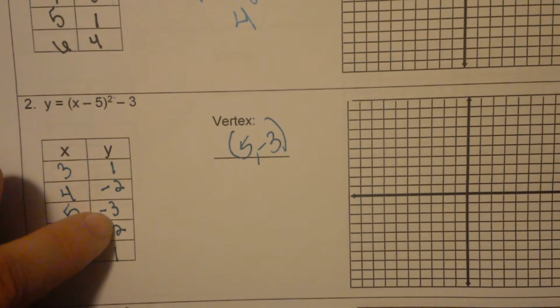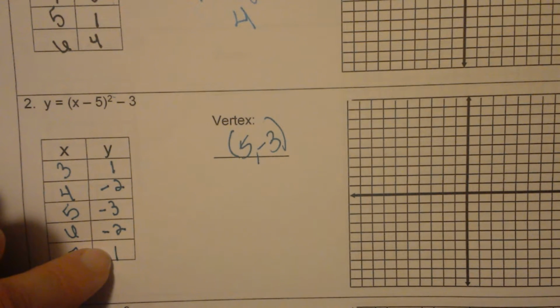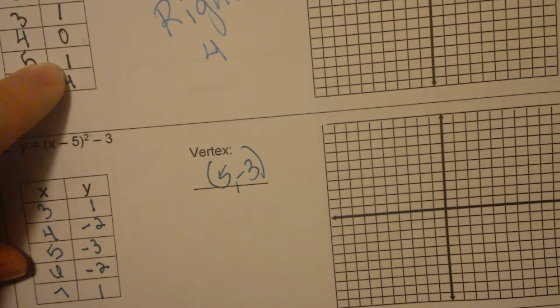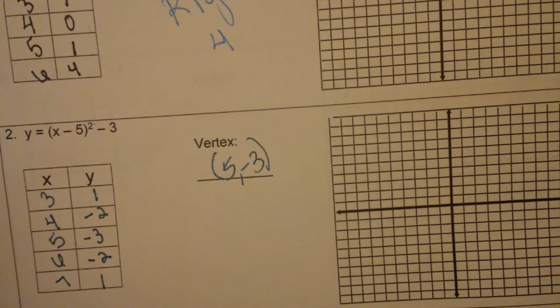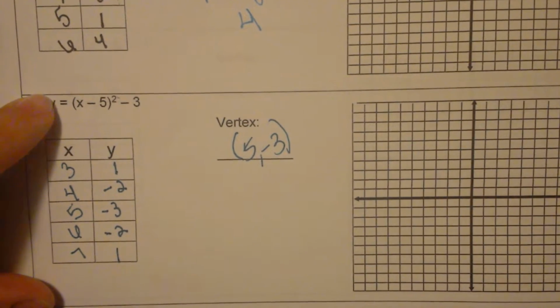So I notice that the difference here is 1, and the difference here is 3, just like this function. And there's no stretching, no compressing happening. So it looks like it's only going to be a left-right, up-down transformation. And I can prove that by graphing it.